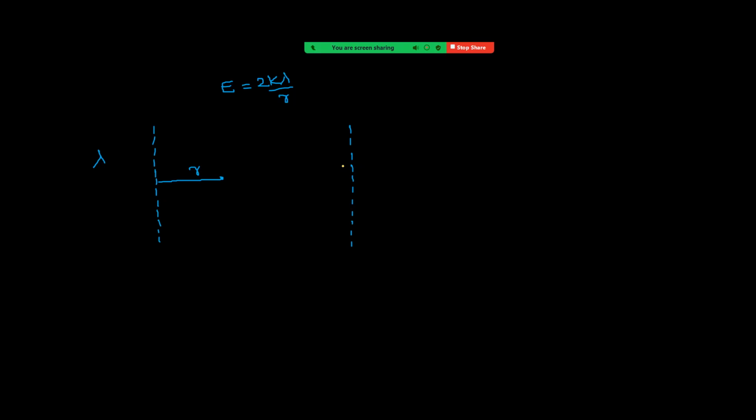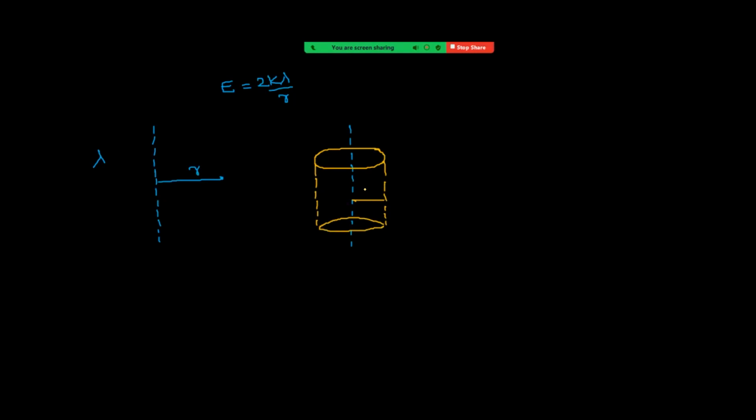Then we are taking one cylindrical surface, taking that distance as the radius. So the axis of that cylinder coincides with that thin wire.